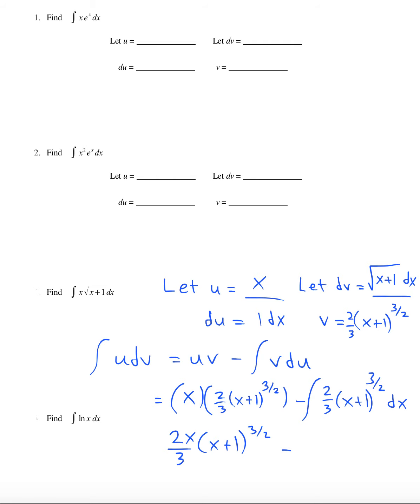Now we want to integrate this, and similar to this situation, we can make it 2/3 x plus 1 to the 5 halves, adding 1 to the exponent, and then multiplying by the reciprocal of that exponent. And we'll put plus c. And that'll do it.